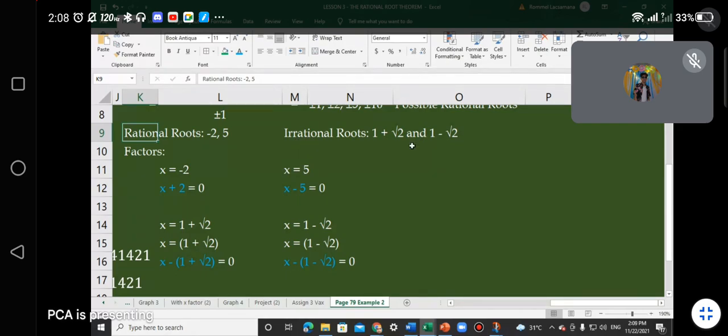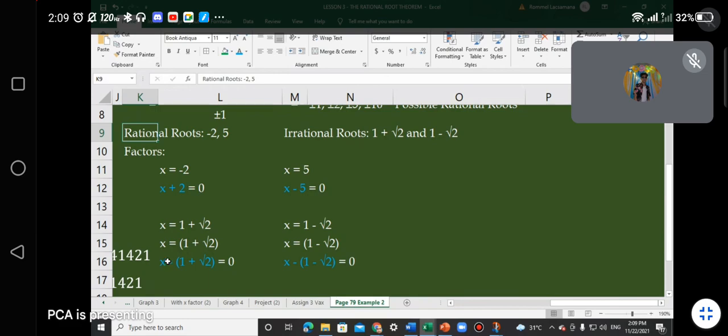It's not solely the square root of 2. Take note that there is 1 plus and then 1 minus. You cannot separate them. It cannot be separated. That's why, if you notice, there is a parenthesis, because they're inseparable.